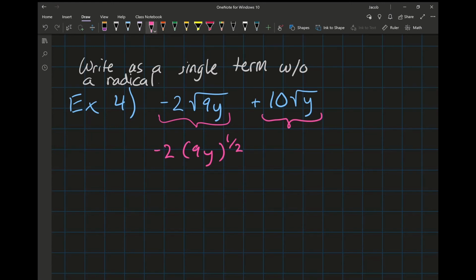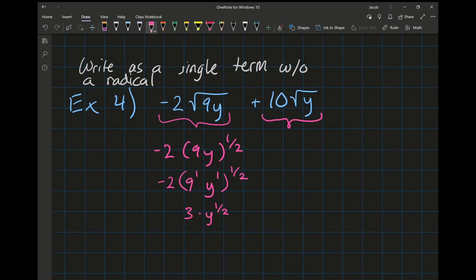So back at our properties, if we can think about the exponents on 9 and y, those are just 1, and we know we're raising a power to a power, so 9 to the 1/2 power is 3, so we'll just change that to 3, and then times y to the 1/2.